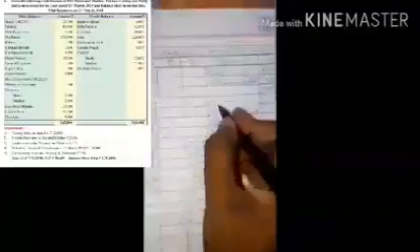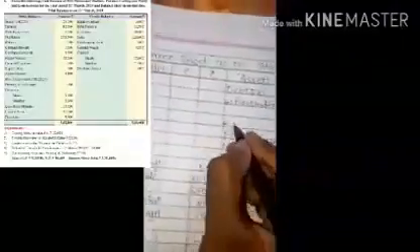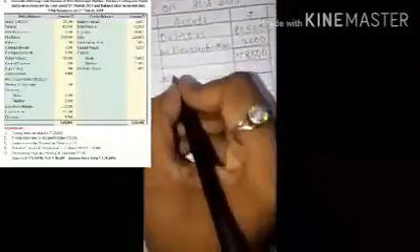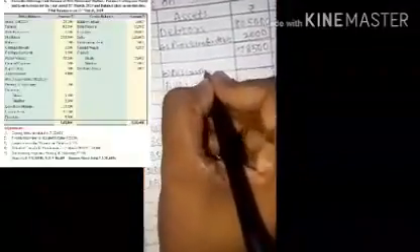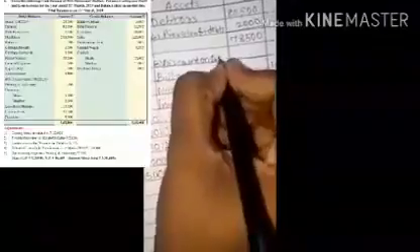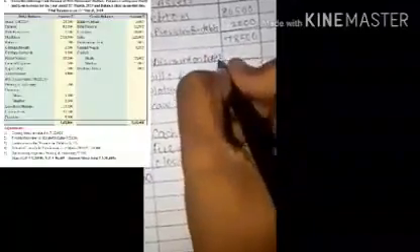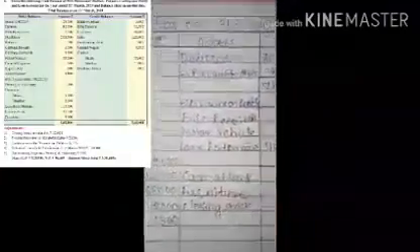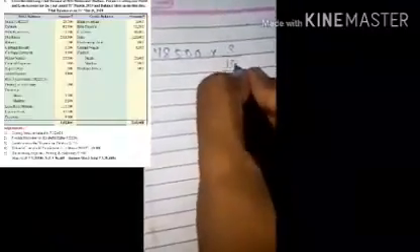So write down less discount on debtors at the rate of 3%. Okay. Now the net debtor amount is 78,500. On it we have to calculate 3%.